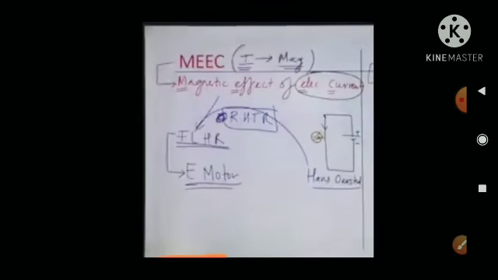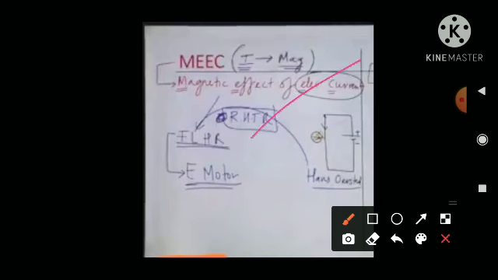Let's move ahead. What we have to discuss in this chapter are Fleming's right hand rule, left hand rule, the electric motor, and Hans Oersted. Yes, Hans Oersted is important. Hans Oersted is the scientist of the magnetic effect of electric current.